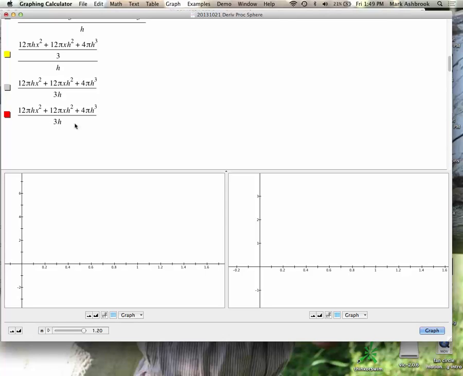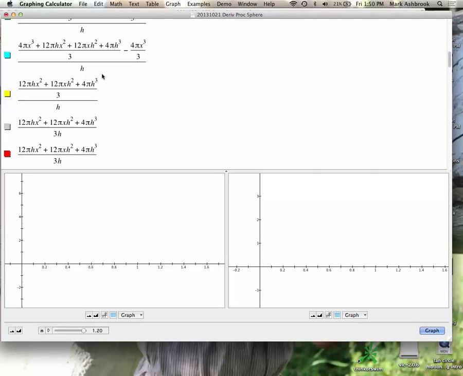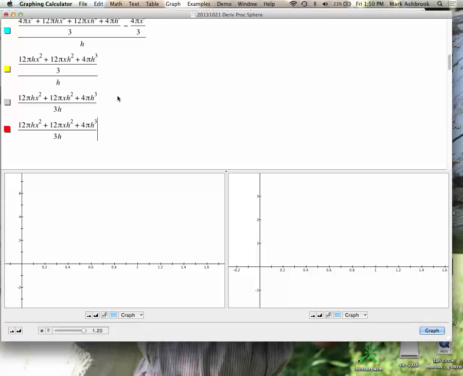All right, but anyway, now look, there's an h in all three terms on the top. Once you subtract out that first term and that last term, the remaining terms all have an h, and so we can factor that out.